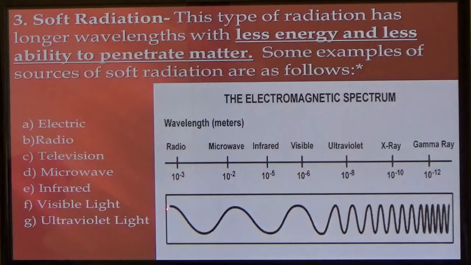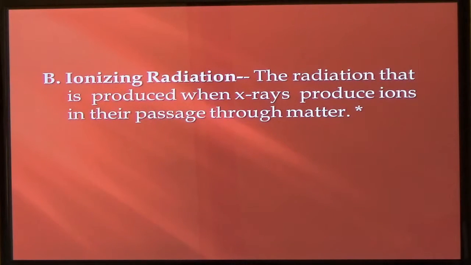Here's a radio wave. You can see it's really long. Microwave starts to get a little closer. Visible light, when we get over here, you've got rapid, short wavelengths, and those are the stronger ones. So know the difference between strong radiation and soft radiation. Strong is short and very powerful. Soft is long and less powerful.